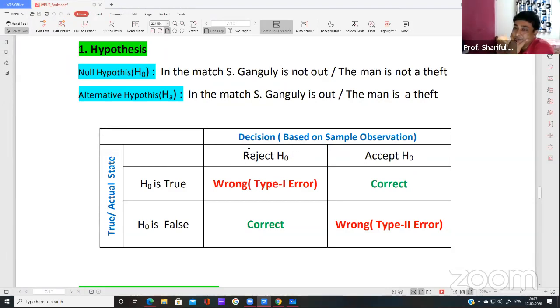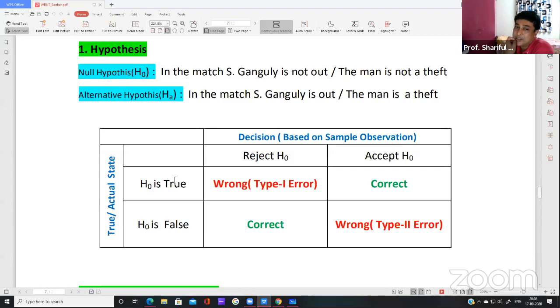So obviously some error is happening in this decision. Actually, he is not a thief, or Ganguly is not out, but somehow the decision comes that it is out. This is an unfortunate decision. So there is an error, and this is called type 1 error.